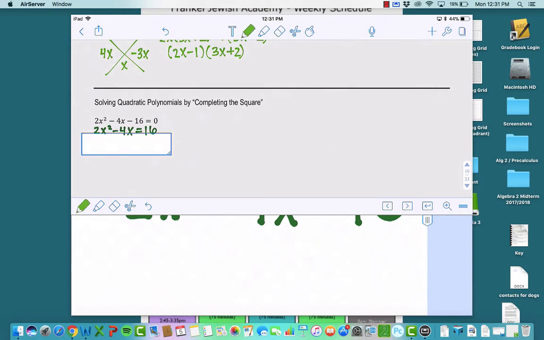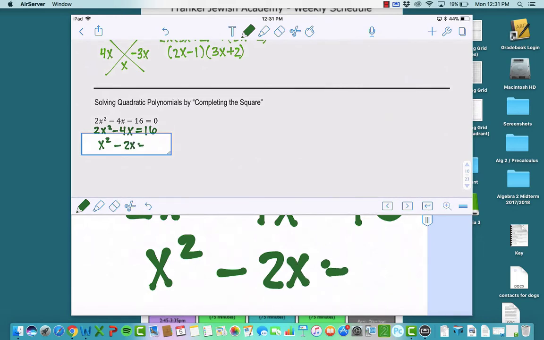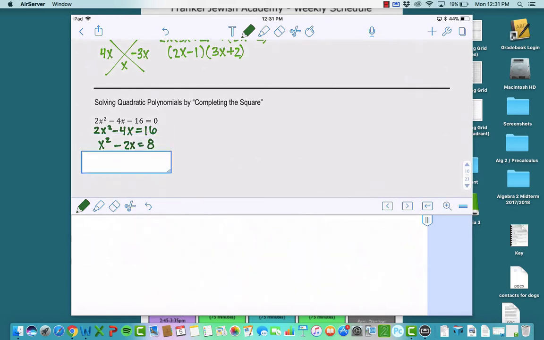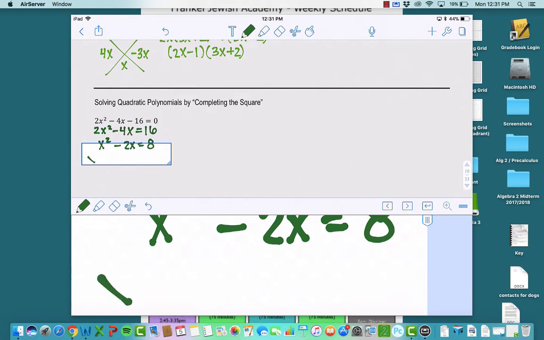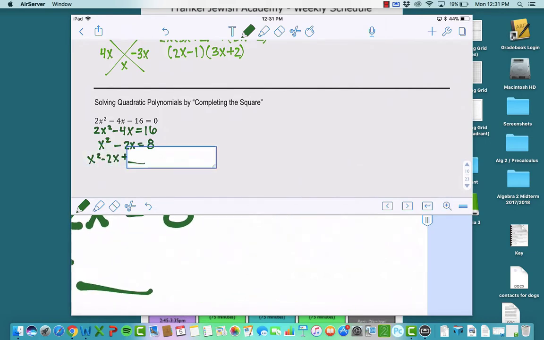X squared minus 2x, I have to divide everything by 2, equals 8. So now I'm going to complete the square. X squared minus 2x plus blank equals 8 plus blank.